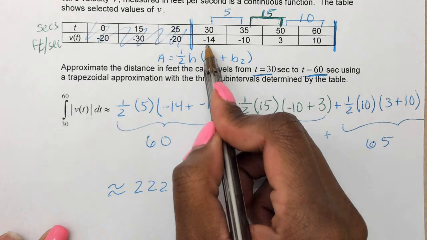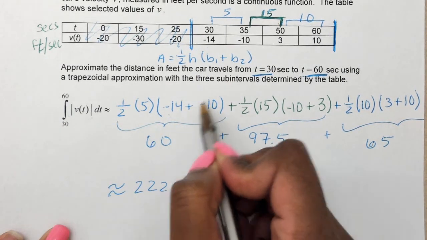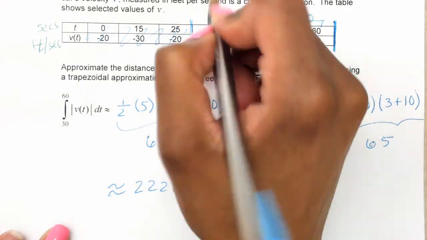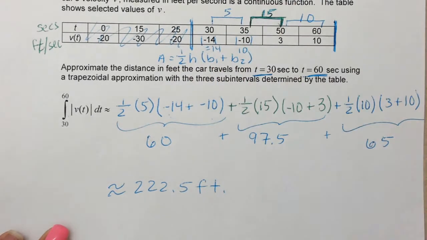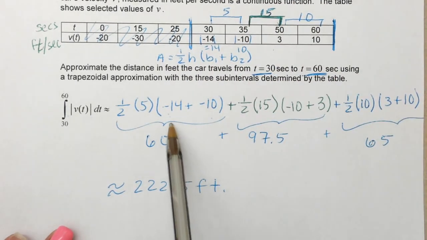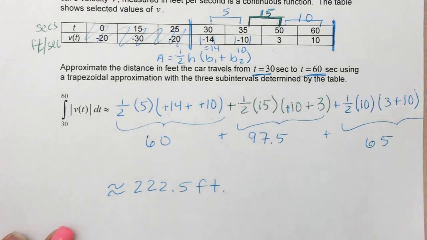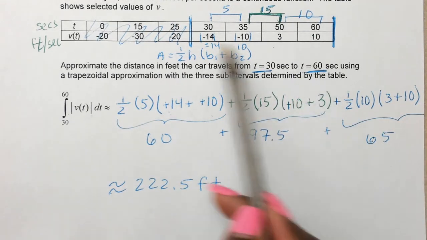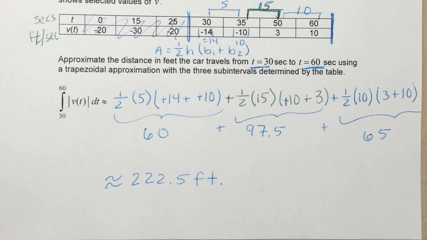So negative 14, although I wrote negative 14, I really just took 14 and added 10, because I want the absolute value of these. So this equals 14, this is 10, and that's 3 and that's 10. What we're doing is taking the absolute value of all those negative numbers so that our trapezoids have non-negative y values, because we want the area under the curve. The area is positive.